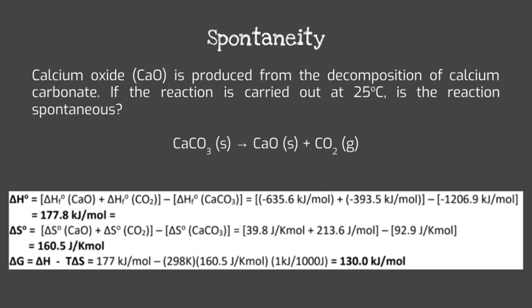If the Gibbs free energy is positive, then it is not spontaneous in that kind of reaction, but it is spontaneous in the reverse reaction. If the Gibbs free energy is negative, it is spontaneous in the forward reaction, but it is not spontaneous in the reverse reaction.